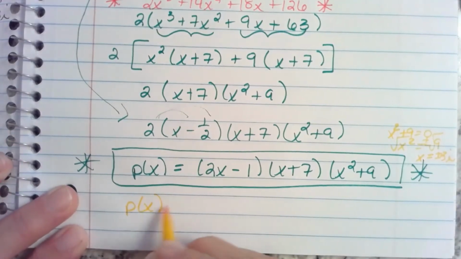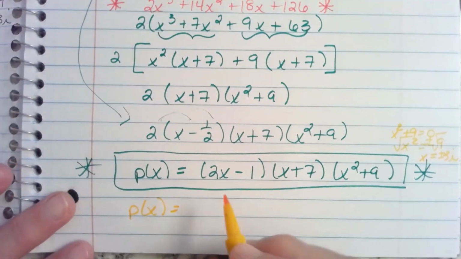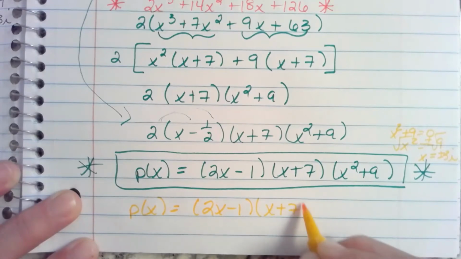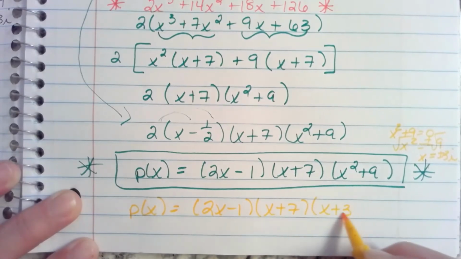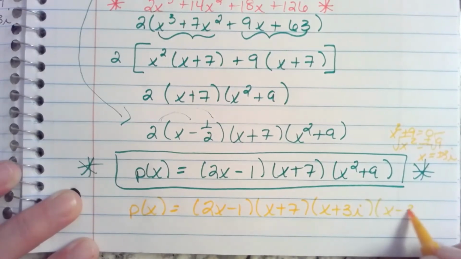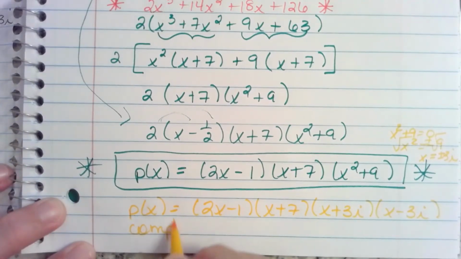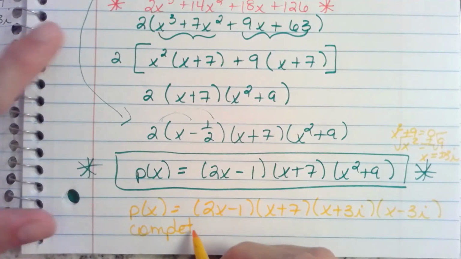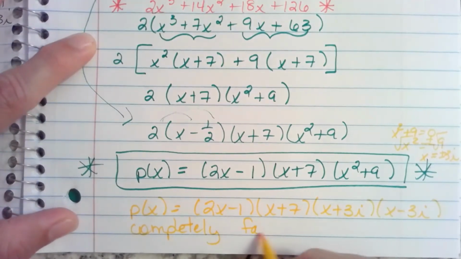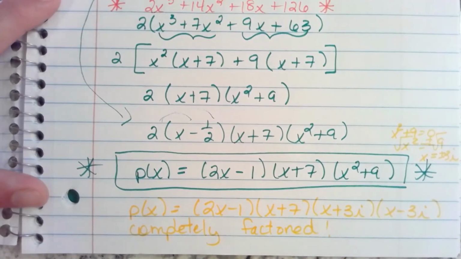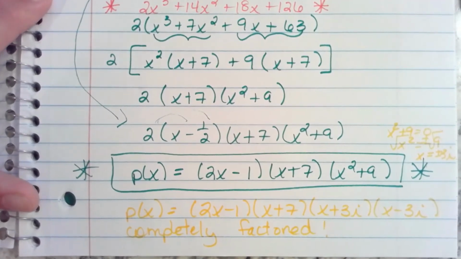So if you were asked to completely factor, it would look like this. This would be completely factored. Now, keep in mind this problem didn't ask us to do that, but that's what it would be if they did ask us to do that.